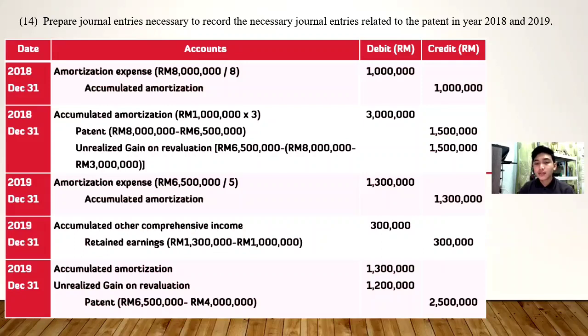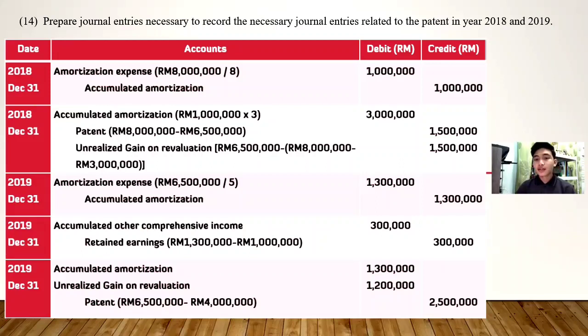Okay, on 31 December 2019, we debit the amortization expense, where we take the revalued amount divided by the remaining estimated future benefits of 5 years, and we get a debit of 1,300,000, and we credit the accumulated amortization 1,300,000.